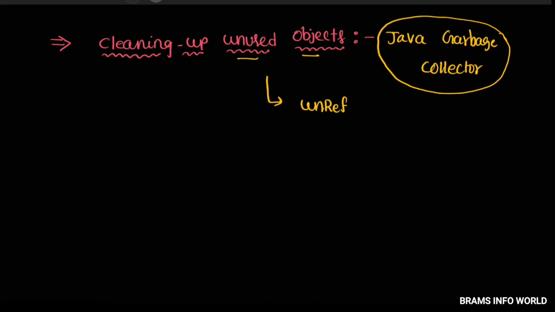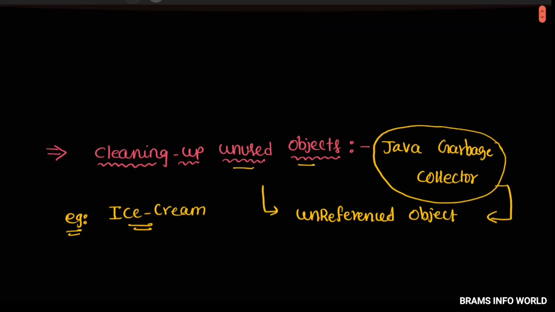Unreferenced objects. We know how to create an object in a class from previous videos. But what is the meaning of an unreferenced object? Let us understand with an example, then we will enter into the topic. For example, you bring one ice cream from the shop.